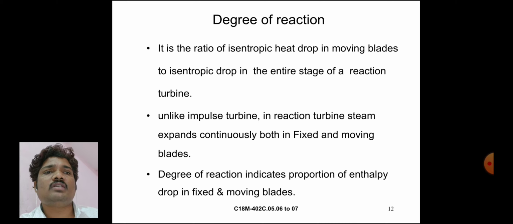Degree of reaction indicates the proportion of enthalpy drop in fixed and moving blades.